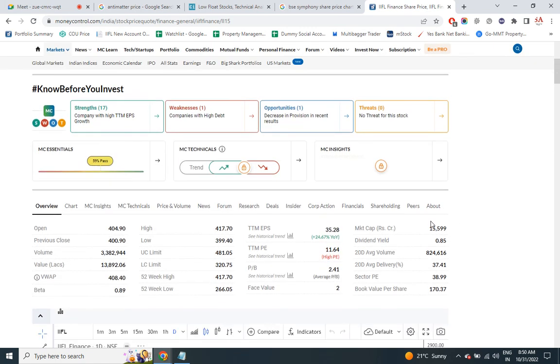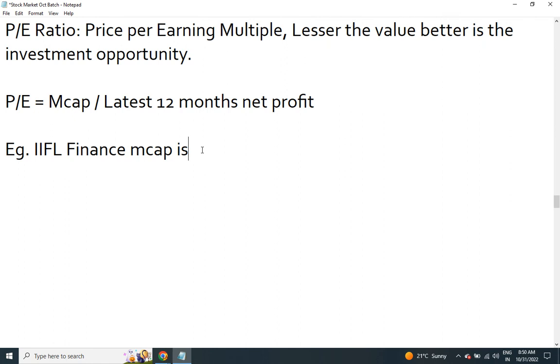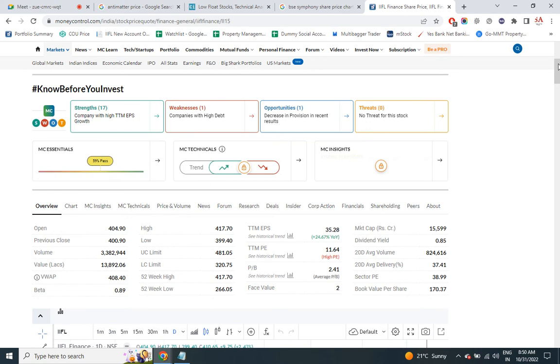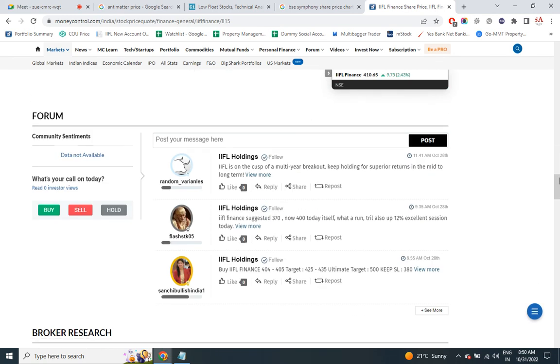So it's not 7,000. When I recommended it, it was 7,000. Now it is already 16,000. So it's a mid cap. Market cap is 16,000 crore, and net profit, that is the annual net profit, the 12 months net profit. If you want, you can scroll down and see.